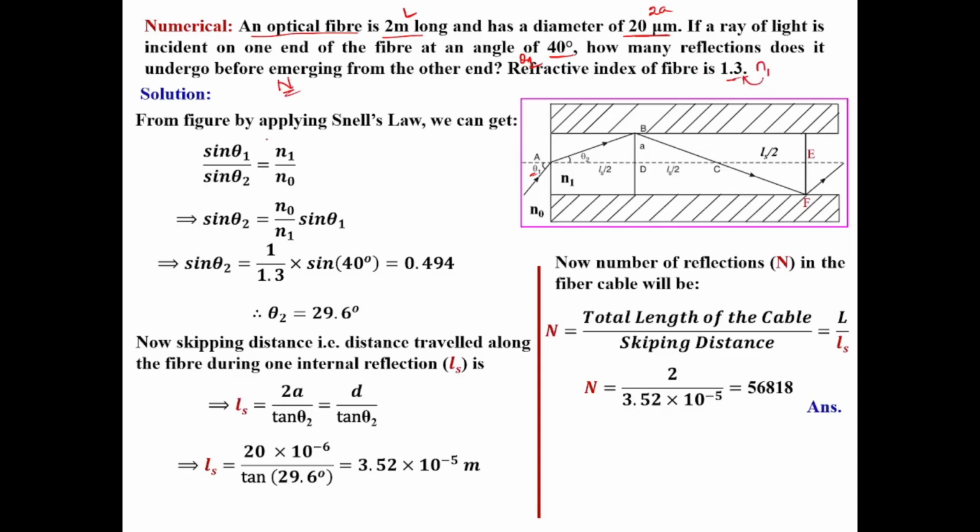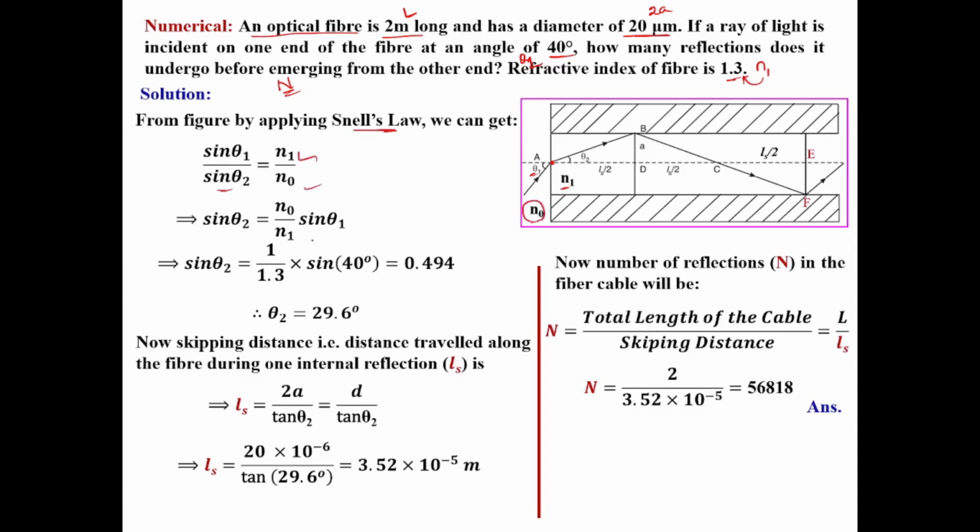Here you can see at A the light is refracted with an angle theta 2. So by applying Snell's law, sin theta 1 by sin theta 2 will be equal to n1 by n naught, where n1 is the refractive index of the fiber or core and n naught is the medium.